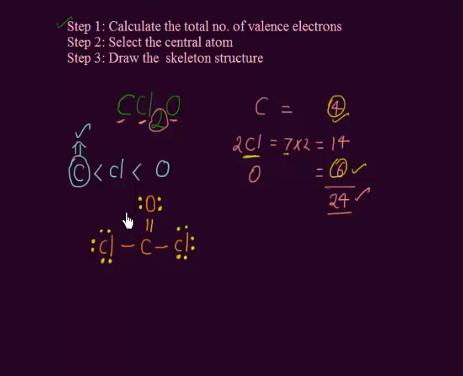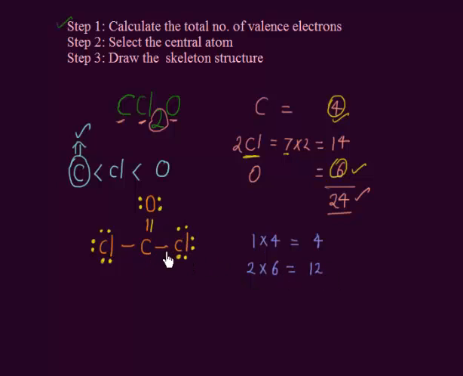To check whether this diagram satisfies the total valency of carbonyl dichloride, we calculate the total number of electrons shown in this diagram. Here we have one oxygen atom, and the oxygen atom shows 4 dots, meaning 4 electrons. There are 2 chlorine atoms, and each chlorine atom is shown with 6 dots, meaning 6 electrons; 6 × 2 is 12.